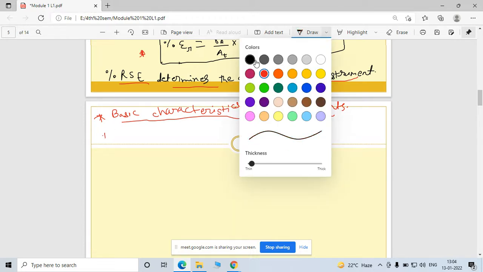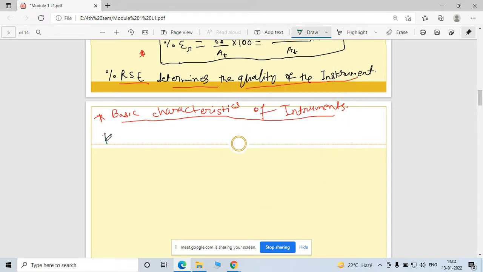Depending on these terms, we prefer the highest accuracy. First is accuracy, second is linearity, third is precision.